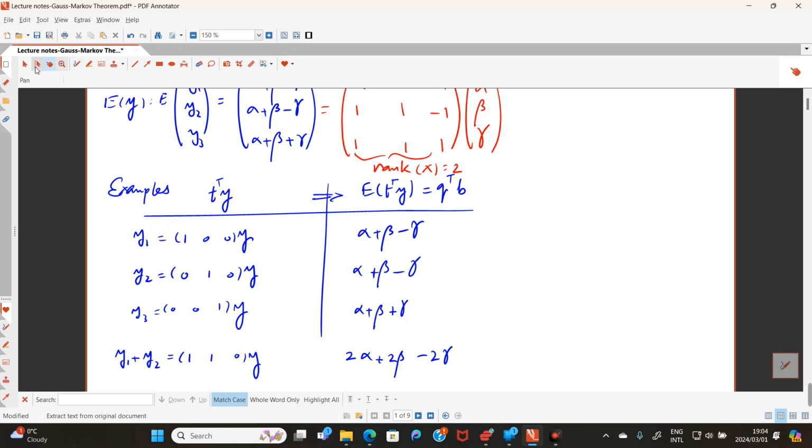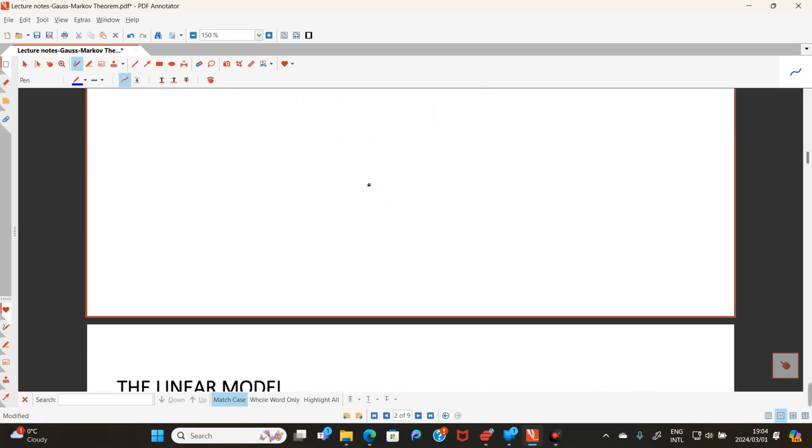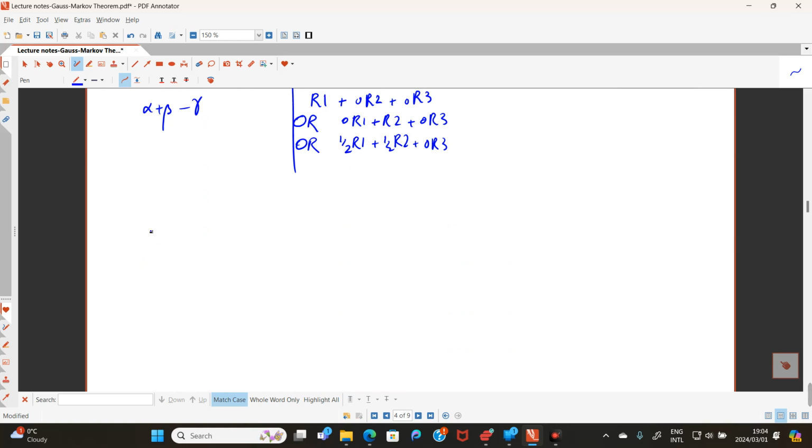Coming back for another one, for instance, alpha plus beta plus gamma. In order to see that it's an estimable function, according to the implication of the theorem or the proof, you can write it as 0 R1 plus 0 R2 plus R3, which is equal to R3.